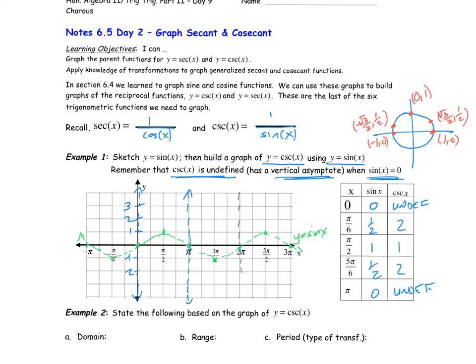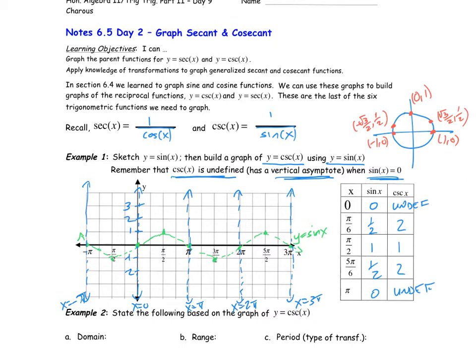And when we do transform functions, the vertical asymptotes will occur whenever sine x crosses its own axis of oscillation. So we have vertical asymptotes here at x equals 0, x equals pi, x equals 2 pi, x equals 3 pi, x equals negative pi. Okay, those are the vertical asymptotes.